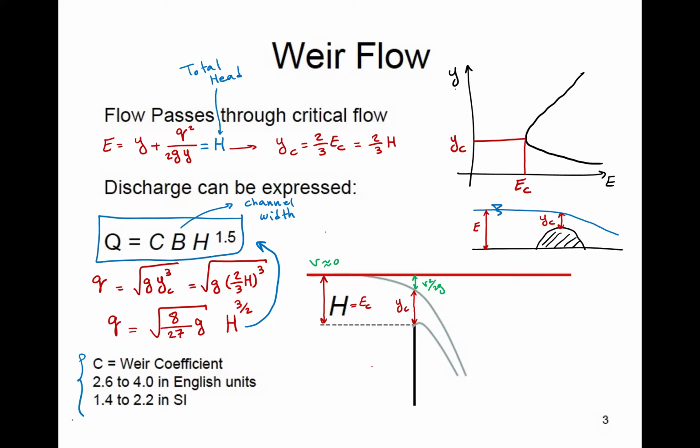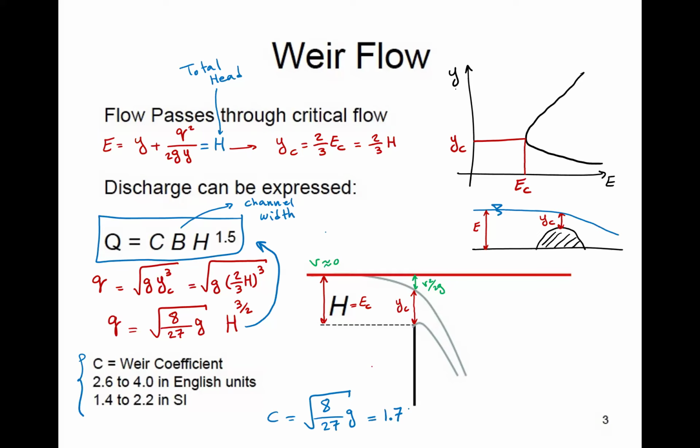And you notice in this slide that C varies quite a bit, actually. If you're using English imperial units, it could be anywhere between 2.6 and 4. And if you're using SI, it would be 1.4 to 2.2. In fact, it's worth mentioning that if you do the calculations, the square root of 8 over 27 times G is approximately equal to 1.7.